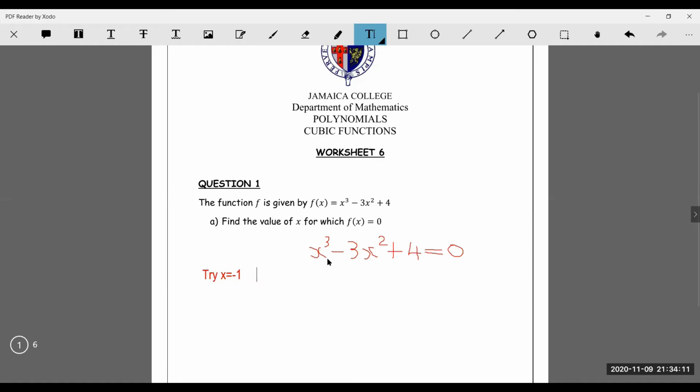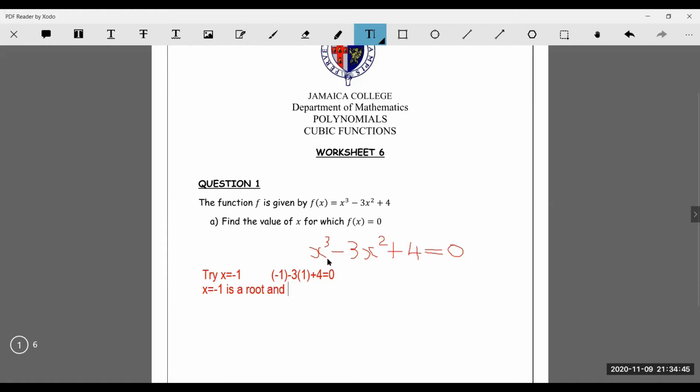Negative 1 cubed is negative 1, minus 3 times 1, plus 4. I get that it's equal to 0. And so x equals negative 1 is a root.